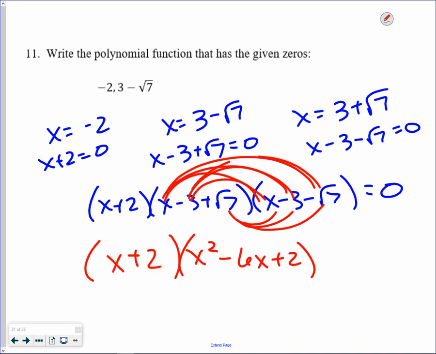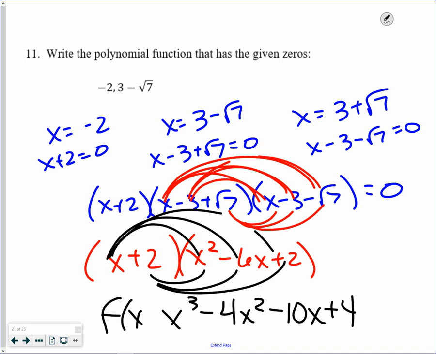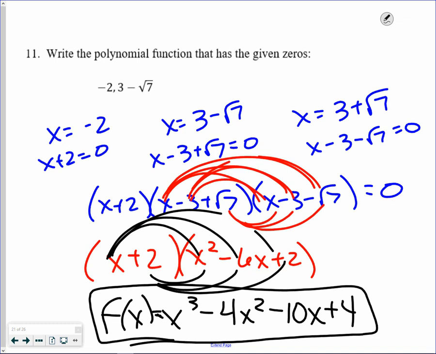And then I'm going to take x times each, +2 times each. I'm going to add like terms, and I'm going to get x cubed minus 4x squared minus 10x plus 4. And so the function that has those answers would be f of x equals.